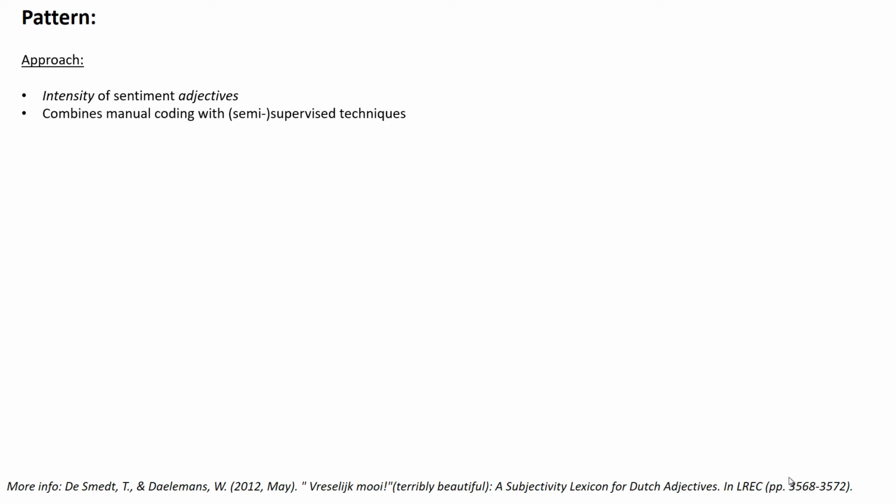So it doesn't give us a lexicon that is entirely rated by human coders, but they will define a small subset of words that are positive or negative just by hand, just manually. And then they will check what kind of other words tend to co-occur with these positive or negative words. And then whatever co-occurs, for example, with the word terrible, is most likely also a negative word, and they will add that to the lexicon.